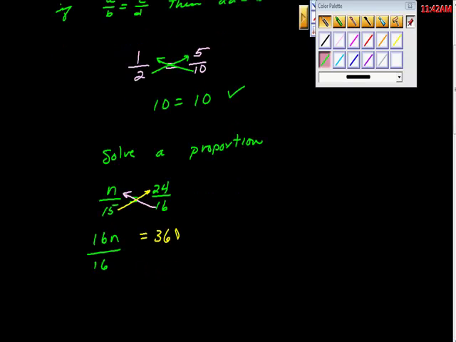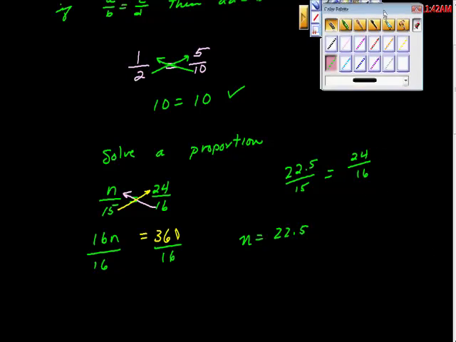So divide by 16, divided by 16. And we find out that n is equal to 22.5. So 22.5 over 15 is equivalent to 24 over 16. All right? So this is all really, really doable.